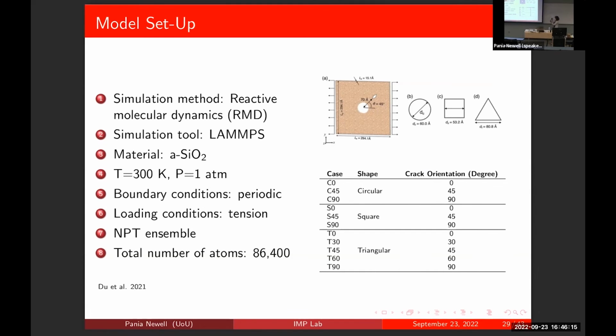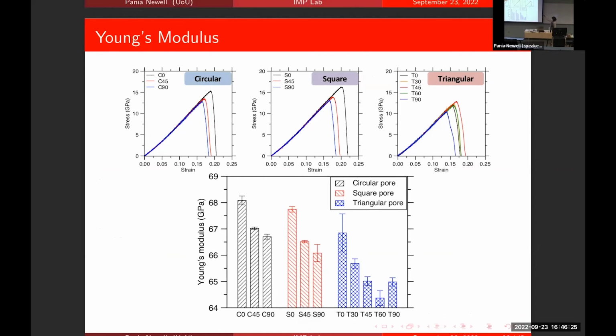Again, the same periodic boundary condition. We kept the temperature and the boundary conditions, everything constant for all of these cases. These are the responses. As you can pay attention on this circular and square and triangular case, you will see that the black case corresponds to the zero order, the defect when it's at zero angle with respect to the pore.